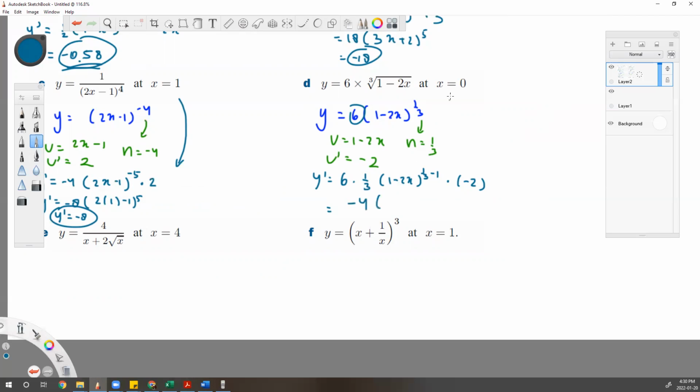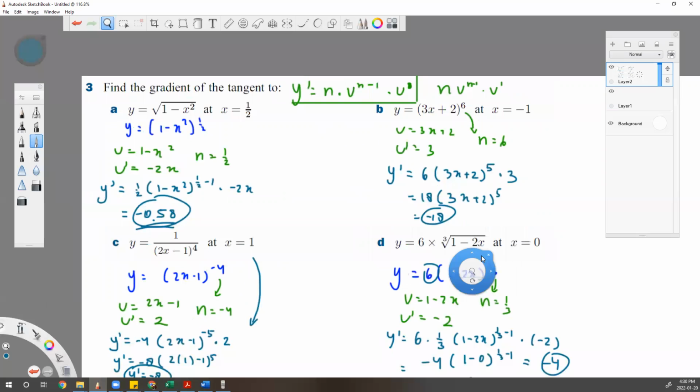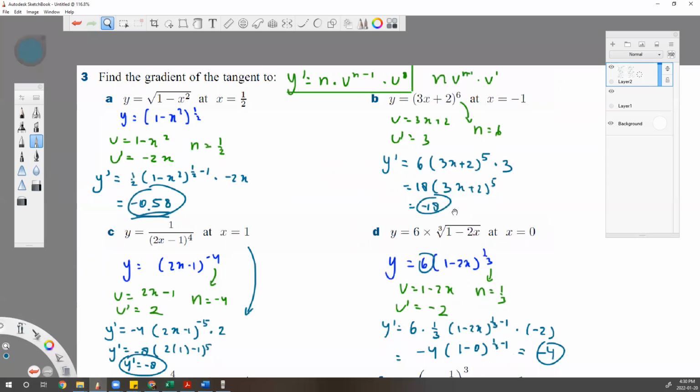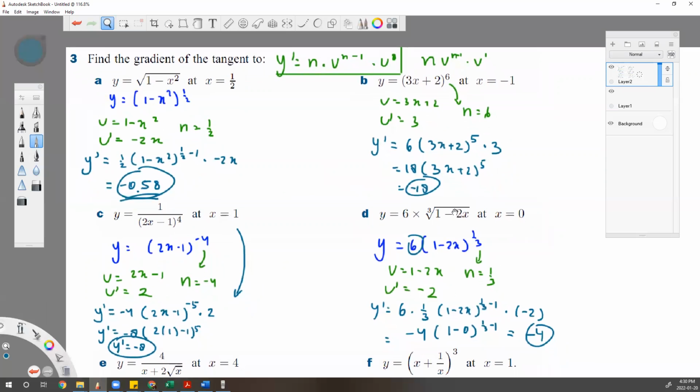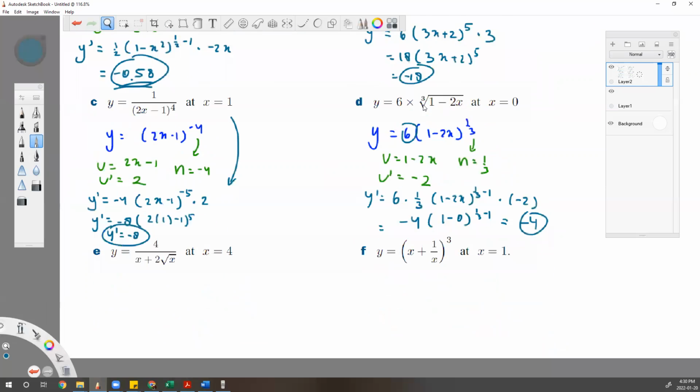Piece of cake because x is 0, and 1 to the power of anything is 1. So -4 times 1 is -4 itself. I think we did something wrong on question 1. Oh no, nothing wrong, because it's a square root.